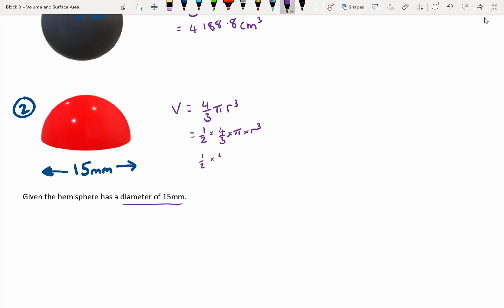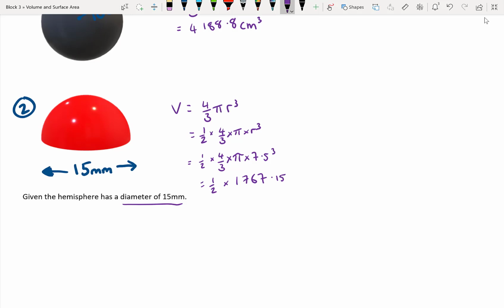So I'm going to do half of 4/3 times pi times 7.5 cubed. So on our calculator, we're going to do 7.5 cubed times pi times 4/3, and so we need to find half of 1,767.15.